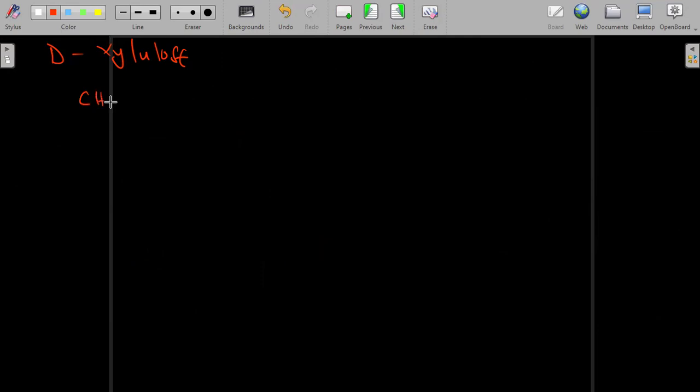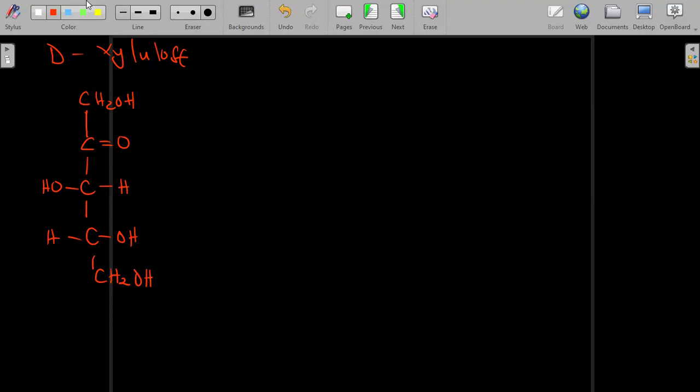So we have CH2OH, and then this is bonded to another carbon, which is bonded to oxygen, and then we have another carbon bonded to H, and then bonded to OH, and then another carbon bonded to OH on the right, and then H on the left, then another carbon that is bonded to CH2OH like that.